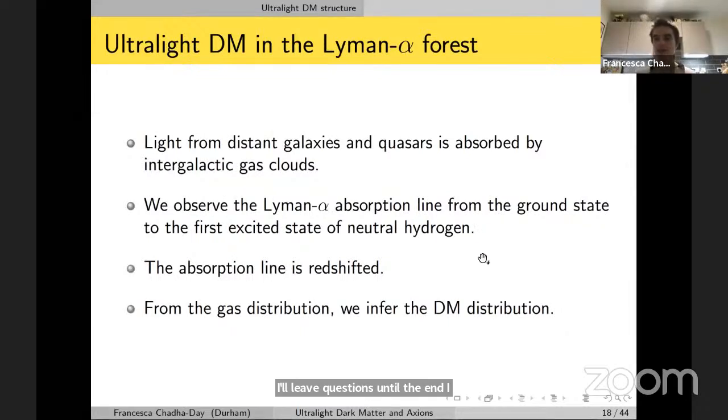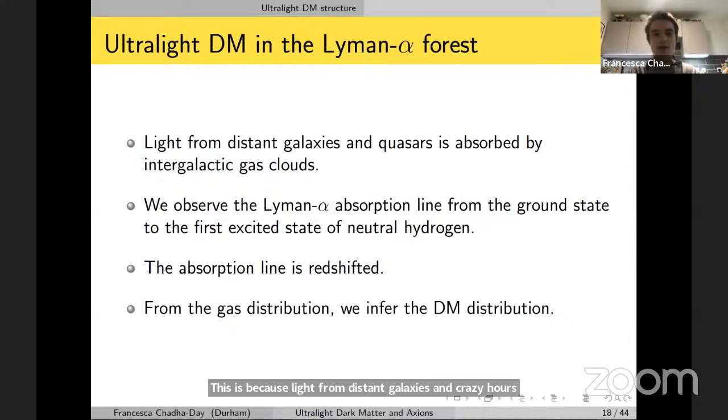There are other ways we can search for ultralight dark matter, though. One is by looking at the Lyman alpha forest. This is because light from distant galaxies and quasars is absorbed by intergalactic gas clouds. These are clouds of mainly hydrogen gas that we can see throughout space, and they will absorb light.